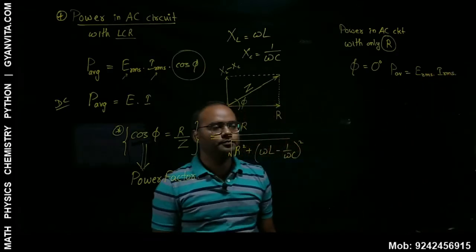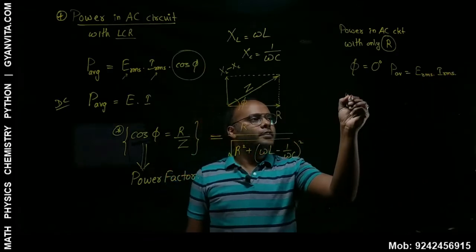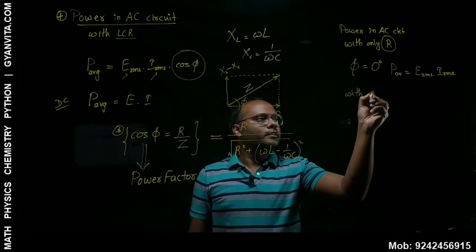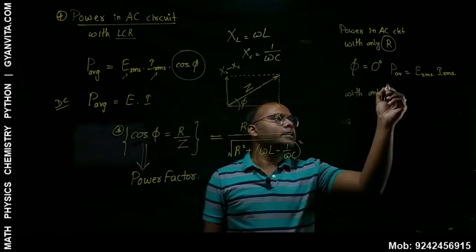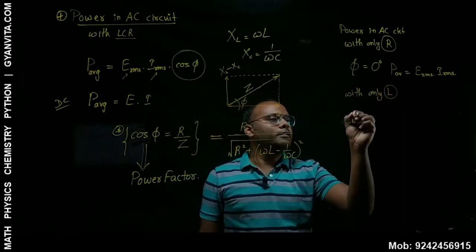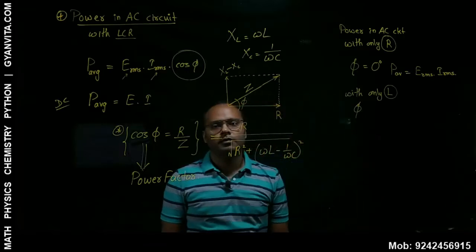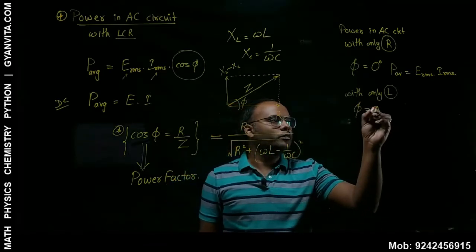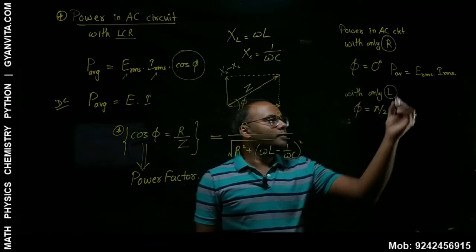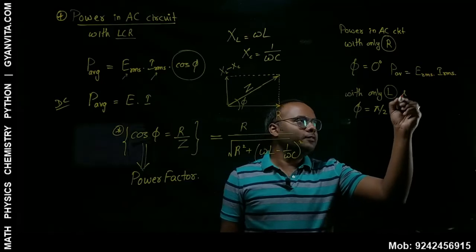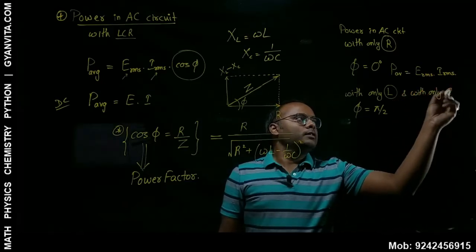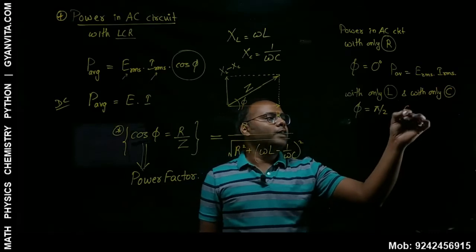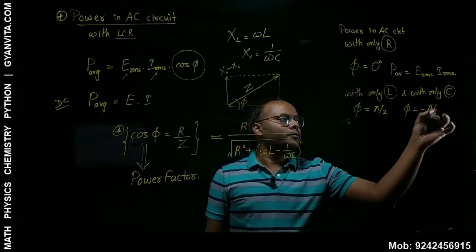Same way, if it is only L or only C, then also we'll see. If it is only L, then what will be phi? Phi will be equal to pi by 2. We know that. And even if it is only C, in that case, phi will be equal to minus pi by 2.